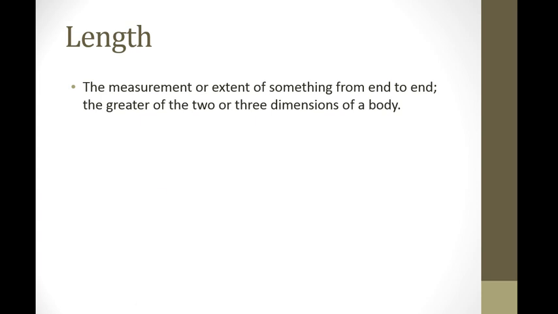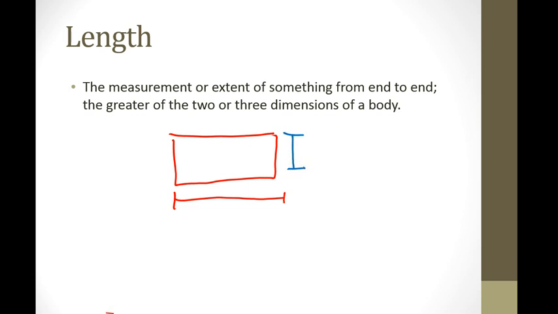Let me get a nice little pen here. If I have a rectangle, it is two-dimensional. It does not have depth. It could have width if you wanted to call that, but it definitely has one side that is longer than the other. In that case, we are talking about this side right here in red as opposed to this side right here in blue.